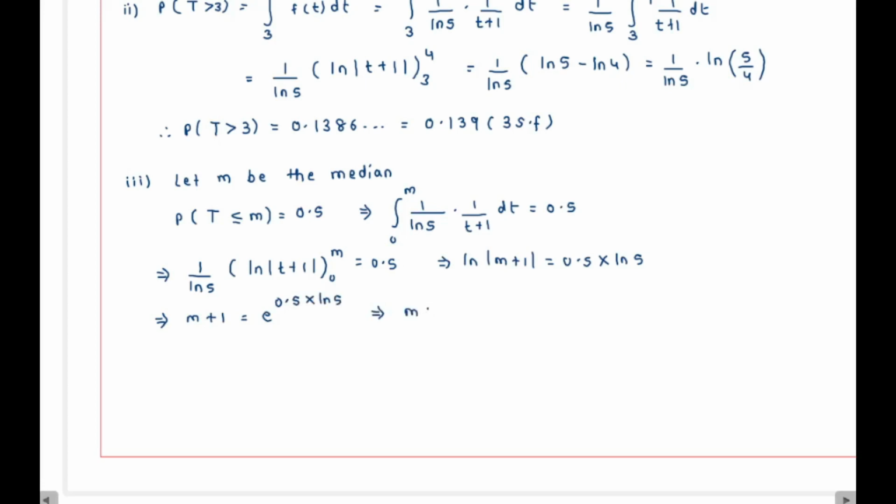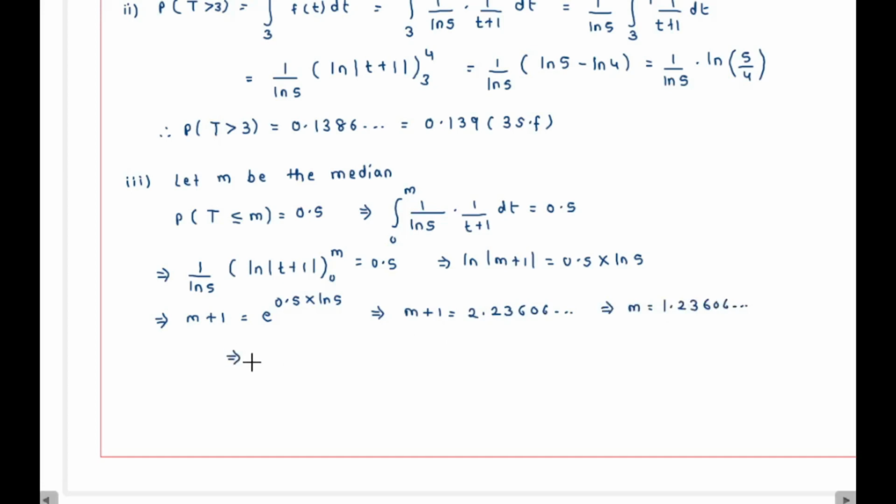So from this, what do I get? M plus 1 is equal to, I will have to solve this particular thing. So this becomes something as 2.23606 something something. So from this I get M as 1.23606 something something.